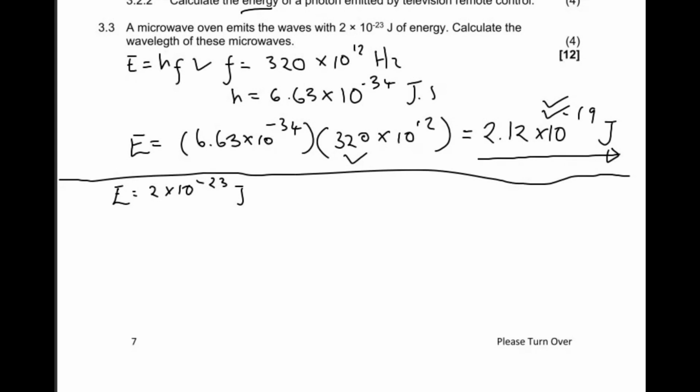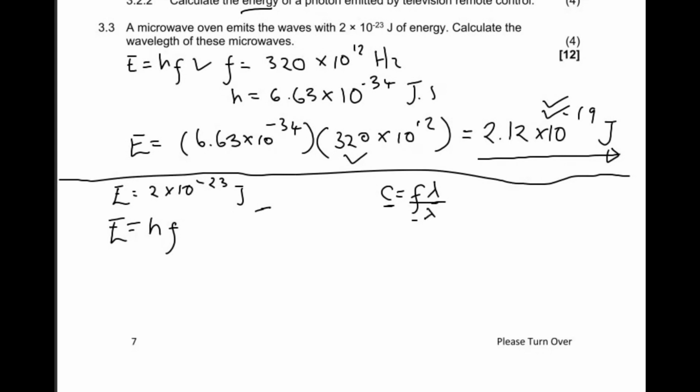So our equation is E equals hf. We also have another equation, c equals f lambda. This is the speed of electromagnetic waves in a vacuum, this is the frequency, and this is the wavelength. So we need to relate these two equations to each other. How do we do that? It's a matter of making f the subject.